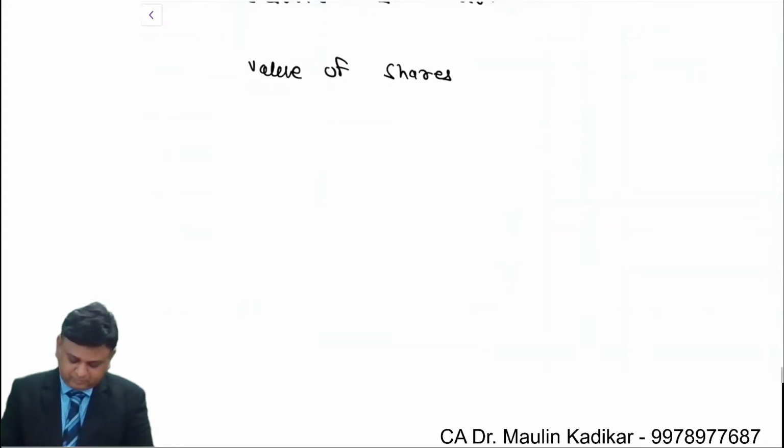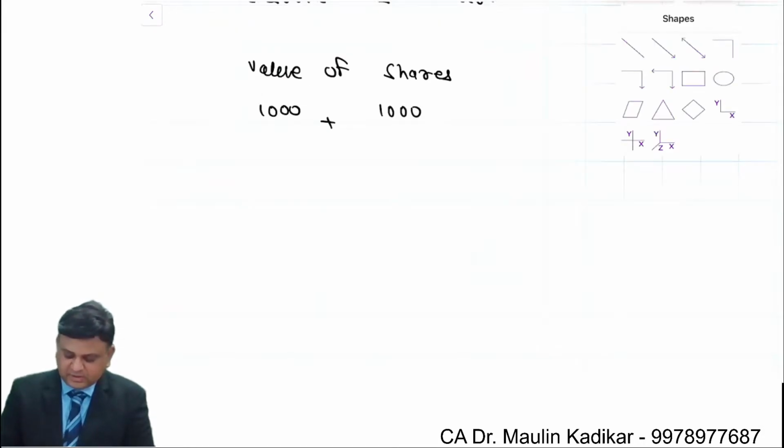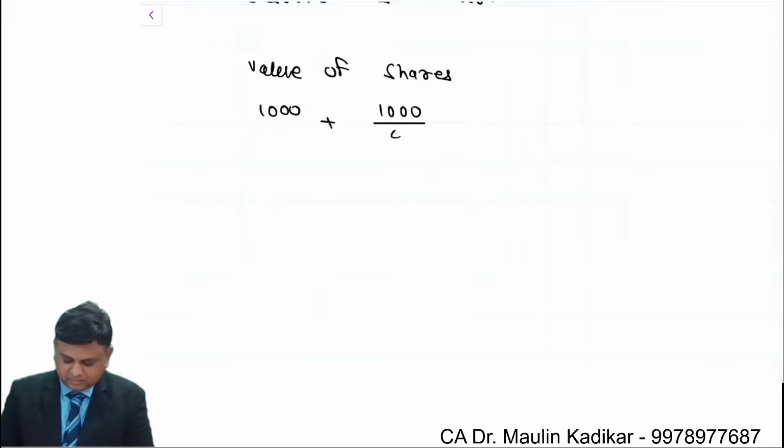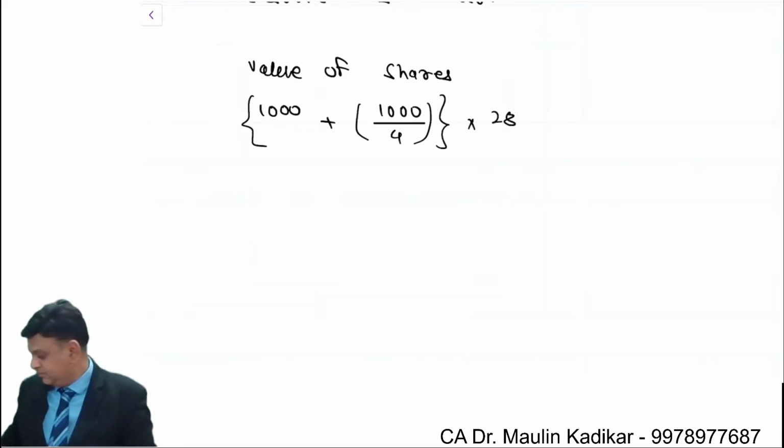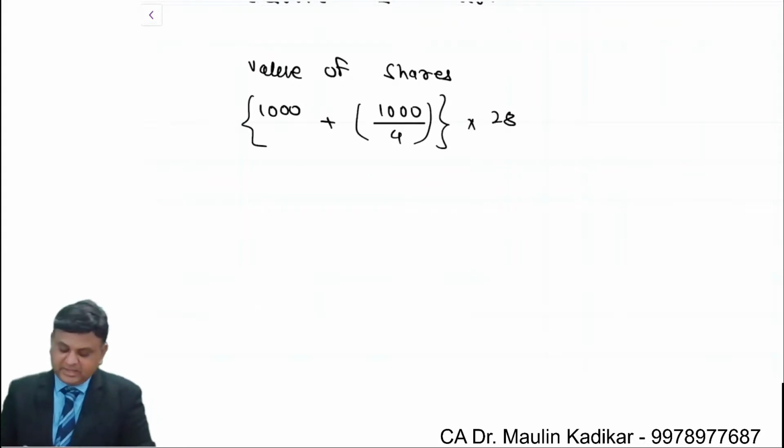In that write down value of shares, 1000 plus 1000 divided by 4, whole, into 28 rupees per share. So 1250 into 28, that comes to 35,000.